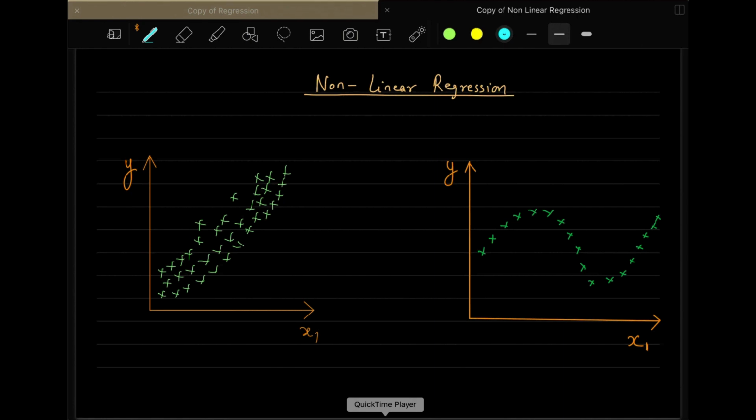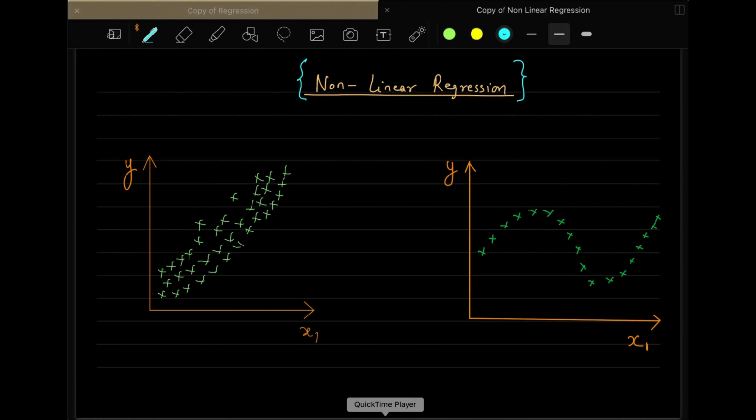Here the data is non-linearly dependent on X. As the title suggests, it's a non-linear regression, so you are trying to do something based on the non-linearity in the data set.